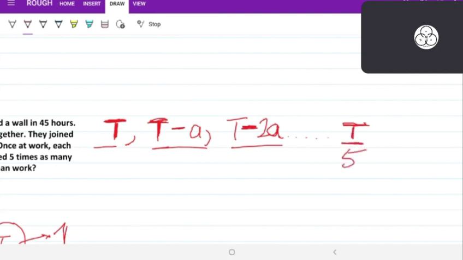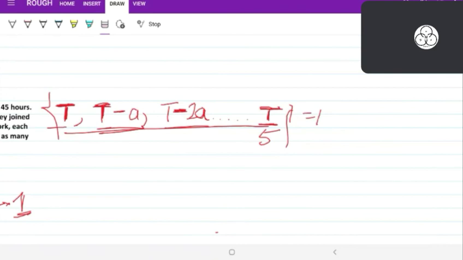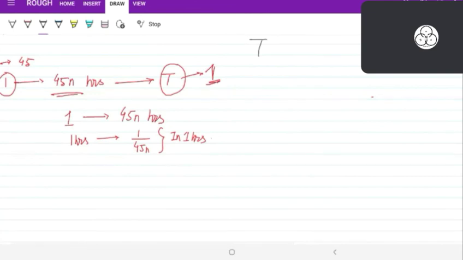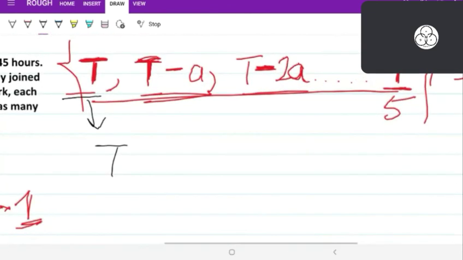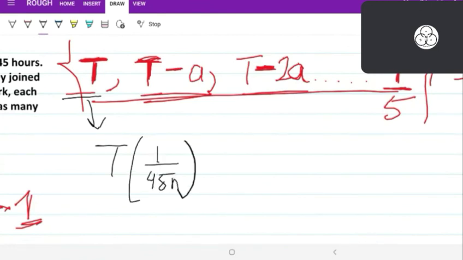Now, isn't it an arithmetic progression? Yeah, this is an arithmetic progression. The women joined after a regular interval of time and they worked for this much time. So how much task did they complete? In 1 hour, how much task is the first woman completing? 1 by 45n. So in T hours, she will complete T multiplied by 1 by 45n. And the next woman will complete T minus A times that.